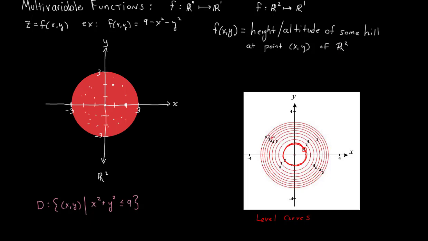I'm just going to pick a random one. A little hard to trace it exactly, but along this particular level curve, the height of the mountain is always 3. So that's what these numbers are. They're pretty important. They tell you what the function's value is, and as we move along a level curve, the function's value remains constant.